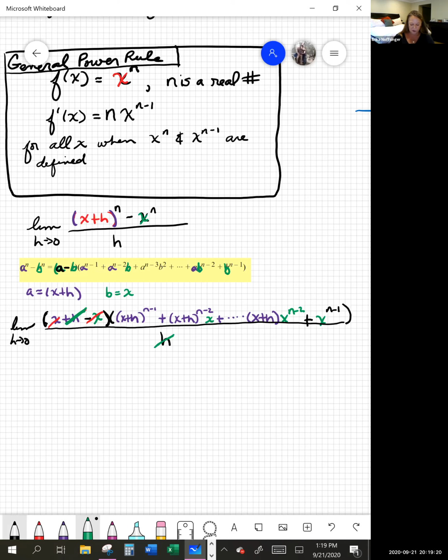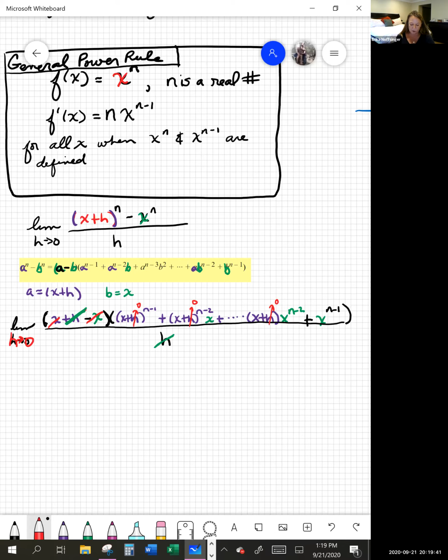Now when we're looking at this limit as h is going to 0, the cool thing is, notice that everything that has an h in here is going to go to 0. So this term is going to go to 0. This term is going to go to 0. This term is going to go to 0.